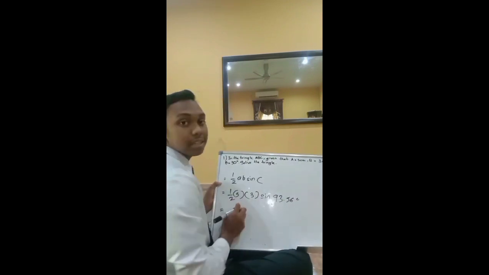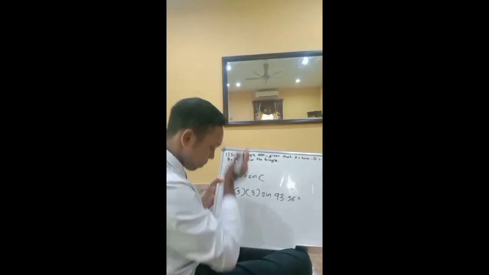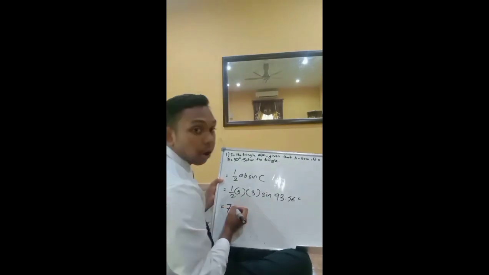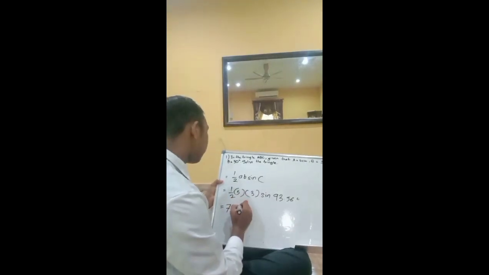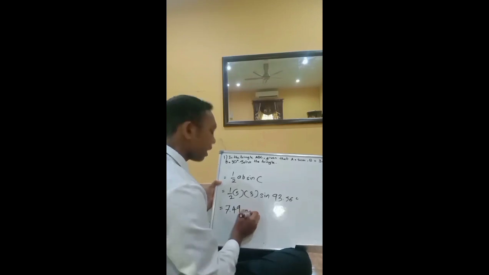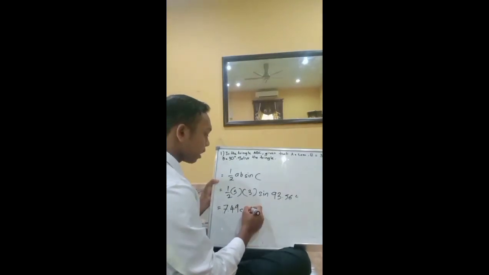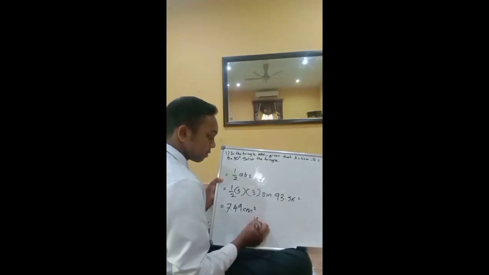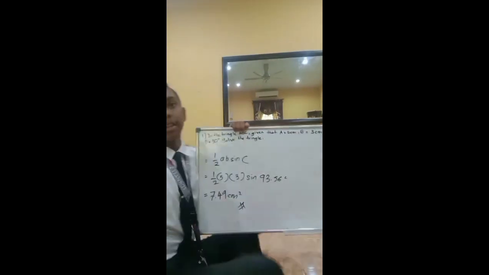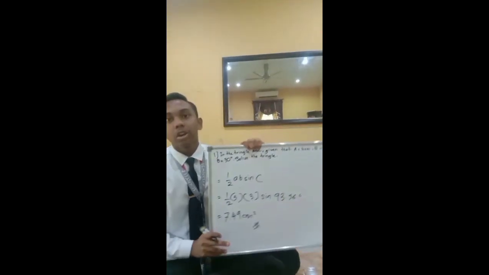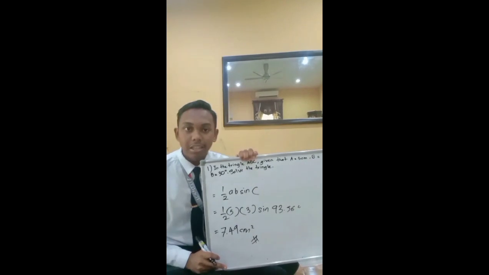And the final answer is 7.49 cm squared. This is the answer for solving the triangle.